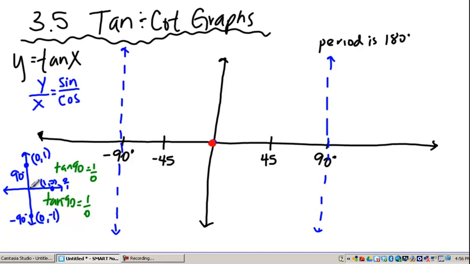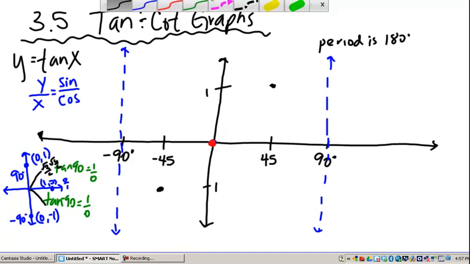Back to the unit circle: I have square root of 2 over 2, square root of 2 over 2. If I put square root of 2 over 2 over the square root of 2 over 2, I would get 1, which would be right there. The same is true for negative 45 degrees. My y value would be negative, x value would be positive, but they'd still be the square root of 2 over 2 each time. So that's my second point.